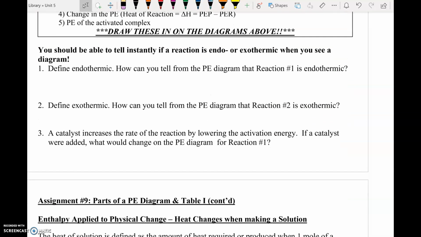A catalyst increases the rate of a reaction by lowering the activation energy. Remember, a catalyst creates an alternate pathway.